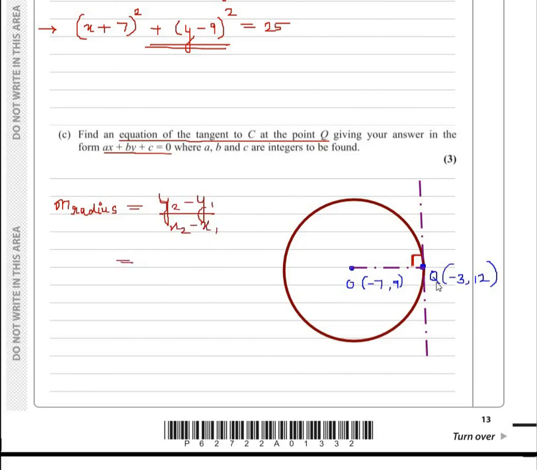Here we are going to use the coordinates of O and Q. y2 I'll take as 12, minus y1 which is 9, and x2 is −3 minus x1 which is −7. So we get 3 over (−3 + 7), negative of negative is positive 7. So −3 plus 7 is 4. Now this is the gradient of the radius, 3 over 4.